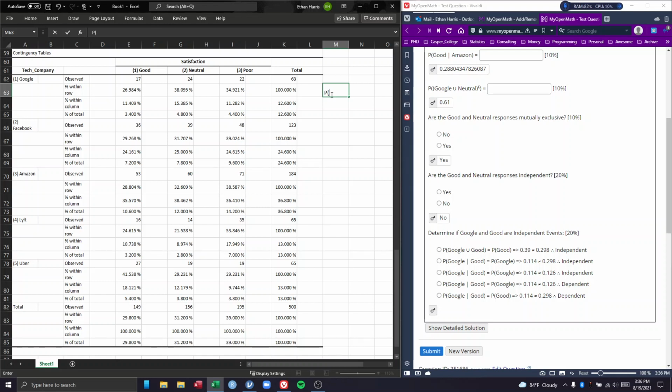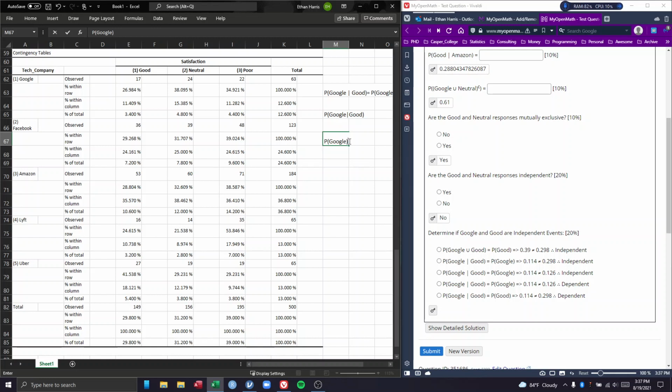If they are independent, then the probability of Google given good is equal to the probability of Google. So we need two statements there and just compare them to one another: the probability of Google given good, and the probability of Google.